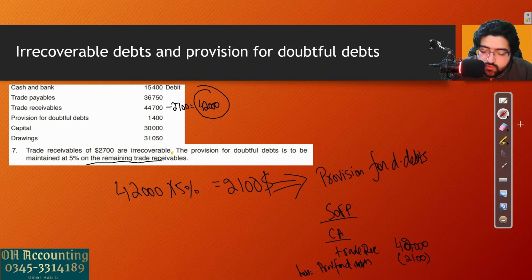In accounting, we cannot overstate our assets. If we expect something to happen, we have to account for that, and we are doing that.